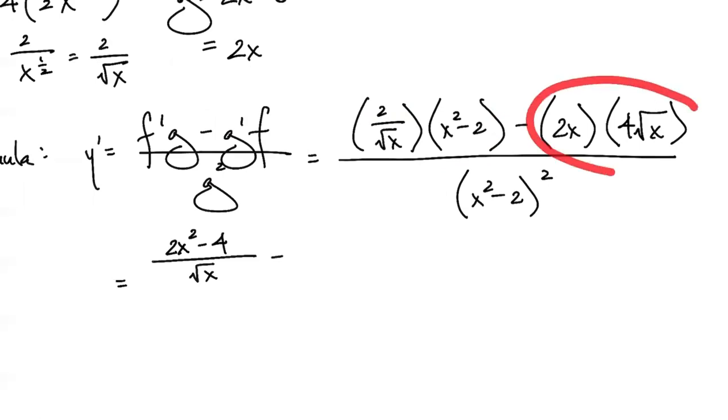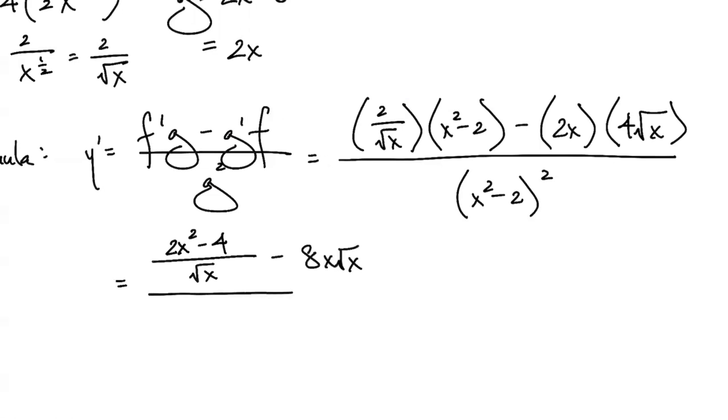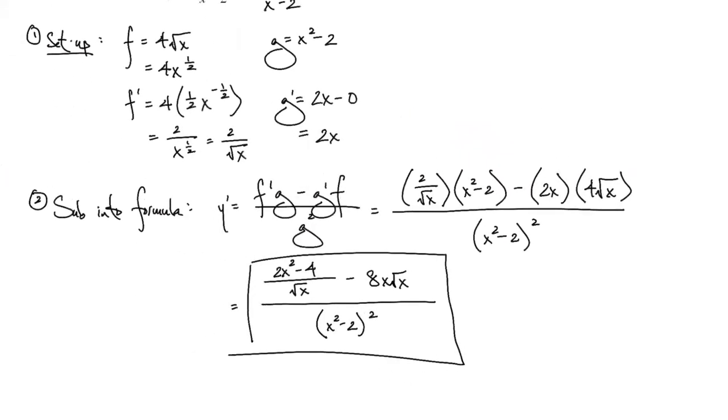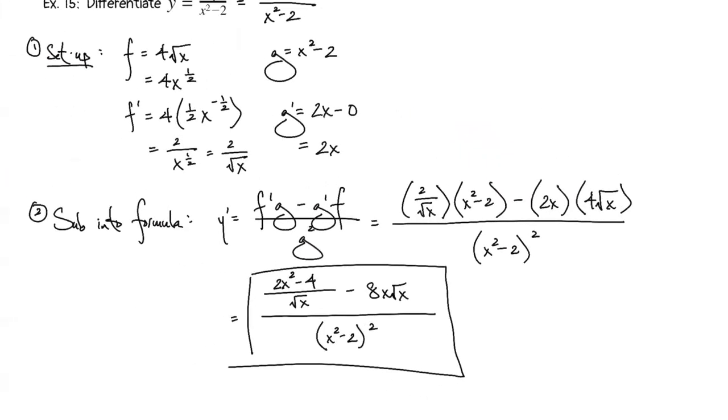Minus this part here, I'm going to get 8x square root of x. I'm going to put that all over x squared minus 2 squared. And that is all we're going to do to simplify.